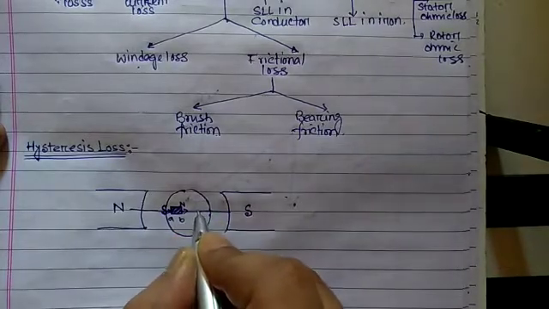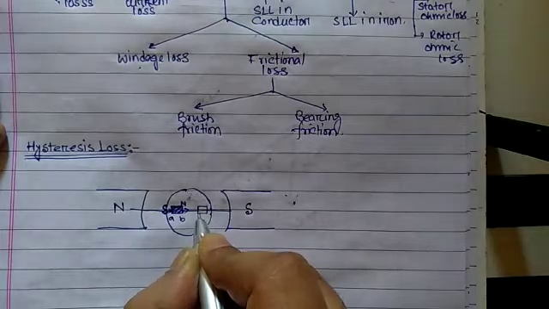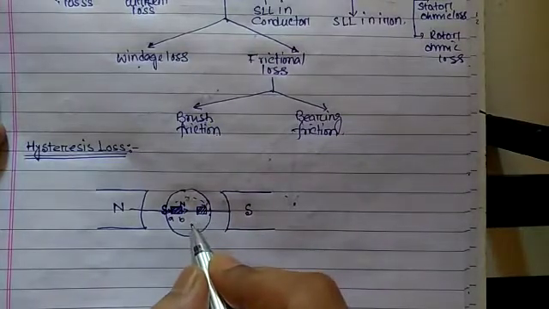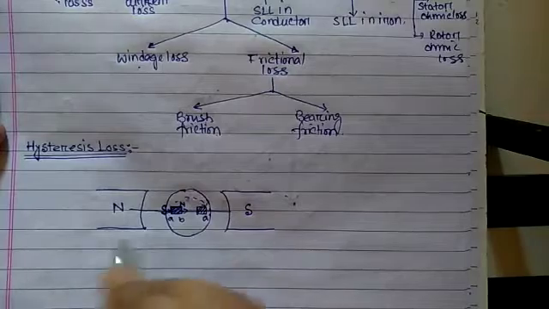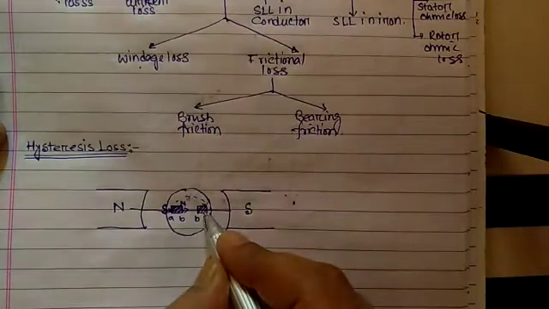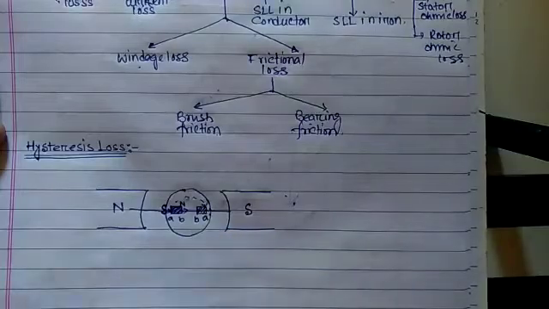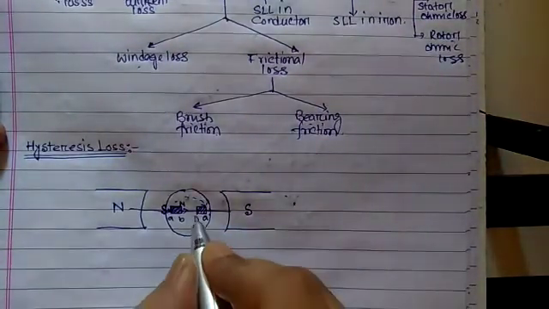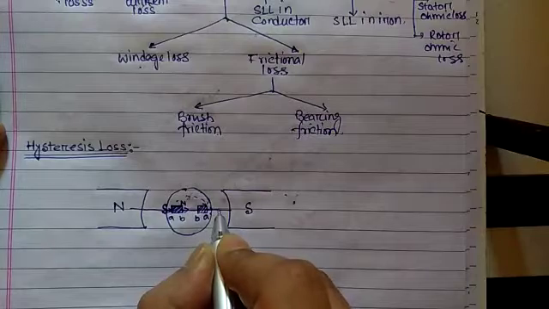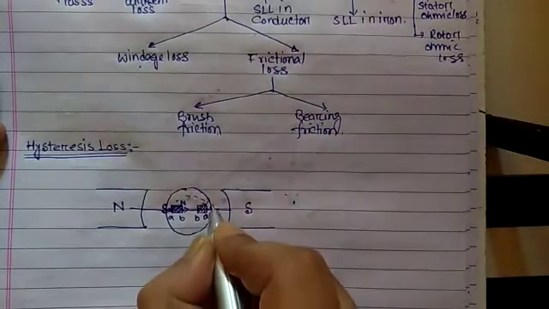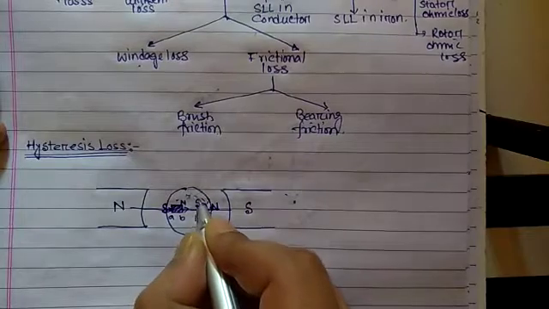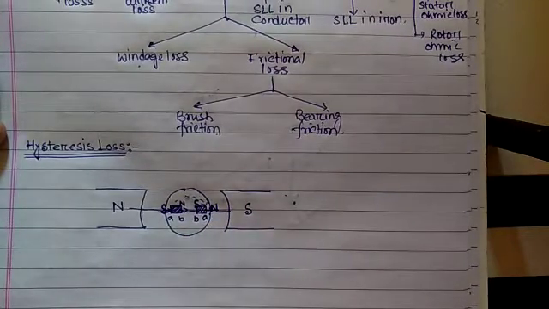So after half a revolution, this one is A, this part is B. Okay, what will happen to this iron part after half a revolution? Flux enters B and leaves from A. So A should be north and the B side should be south. Okay.